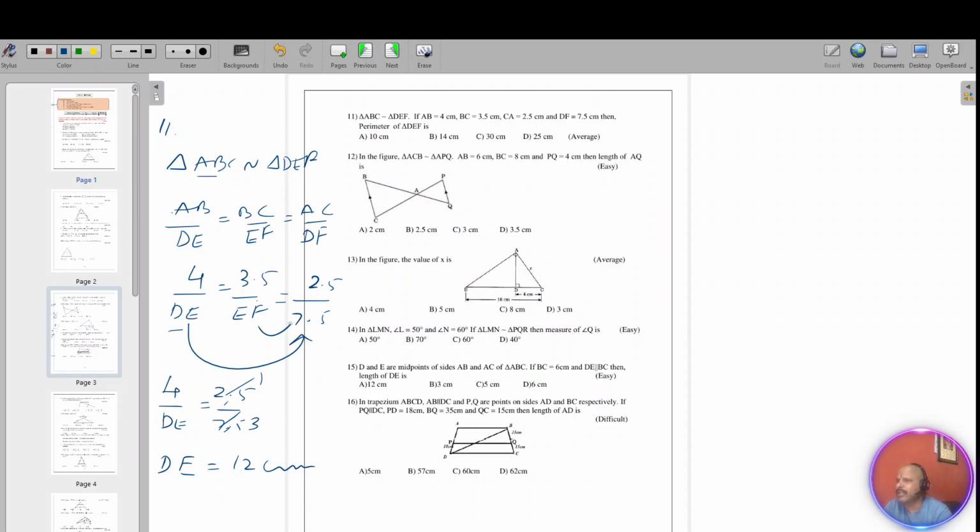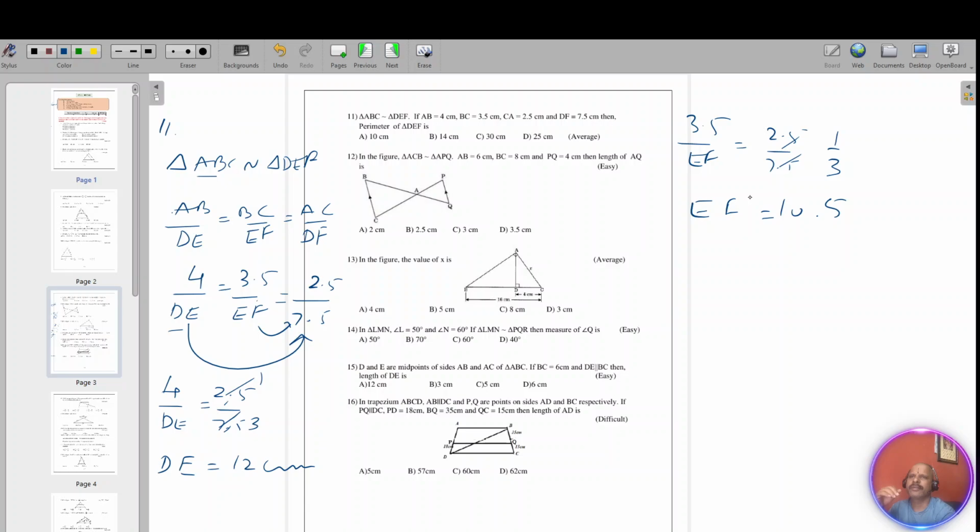Similarly, you solve for EF: 3.5 by EF is again 2.5 by 7.5, that is 1 by 3. Then EF is 3.5 into 3, that is 10.5.